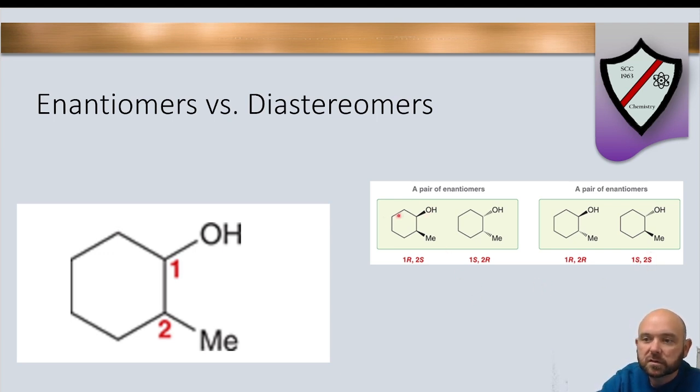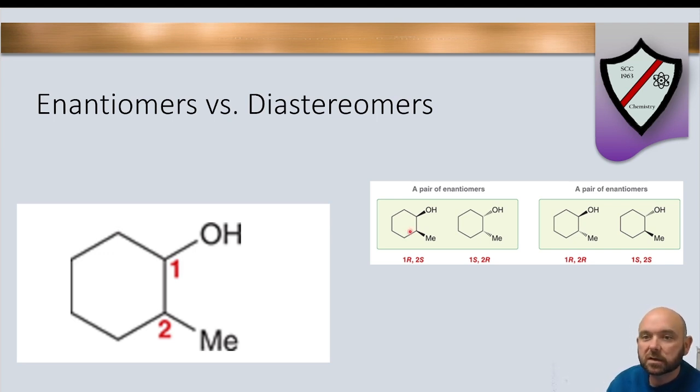However, this molecule here, that is 1R, 2S, is not opposite of, say, the one down here, that is 1S, 2S. To be opposite, we would need 1S, 2R, but instead we have 1S, 2S. These 2 molecules are considered stereoisomers of one another, but they are not enantiomers. They are diastereomers.